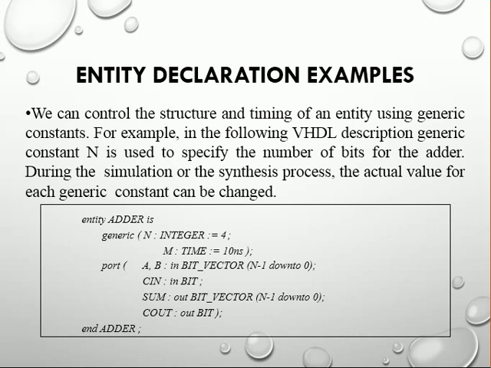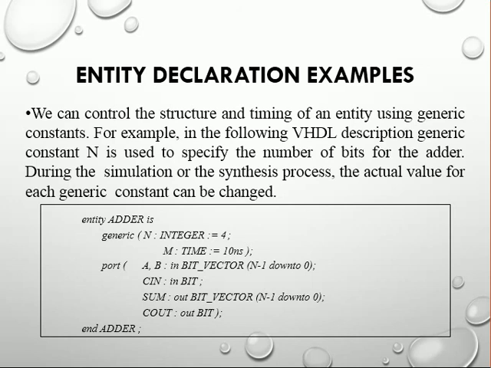Then m, it is a time, and the initial value for that is 10 nanosecond. After that, while writing the port declaration, it will be port, then in the bracket A comma B. Now these are the two inputs, so it is written as colon in.